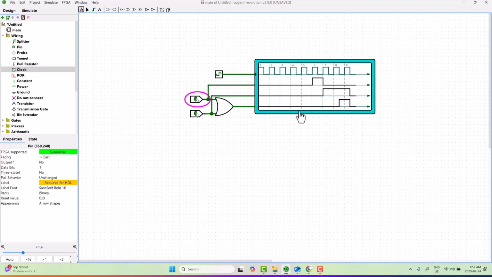So it would be a good idea to experiment with it to see how it behaves with different gates. You can go ahead and pick any of these gates and connect them to see how the timing diagram looks.